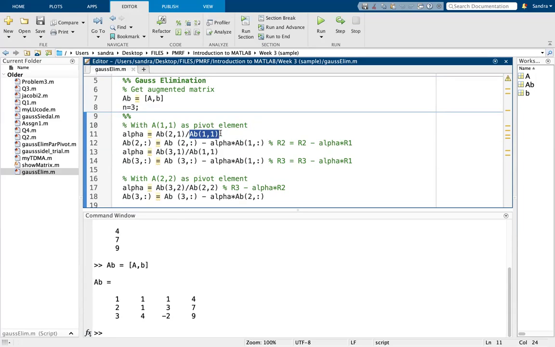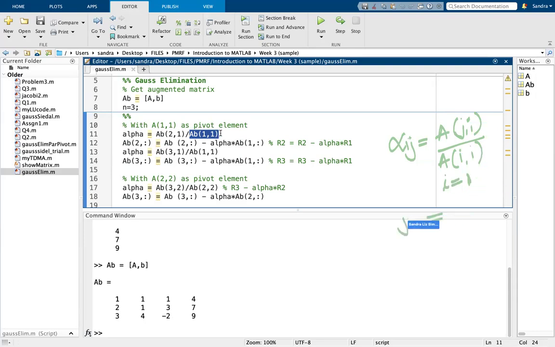Let me just annotate. We had seen alpha ij is equal to a j,i divided by a i,i. Here i is initially 1.